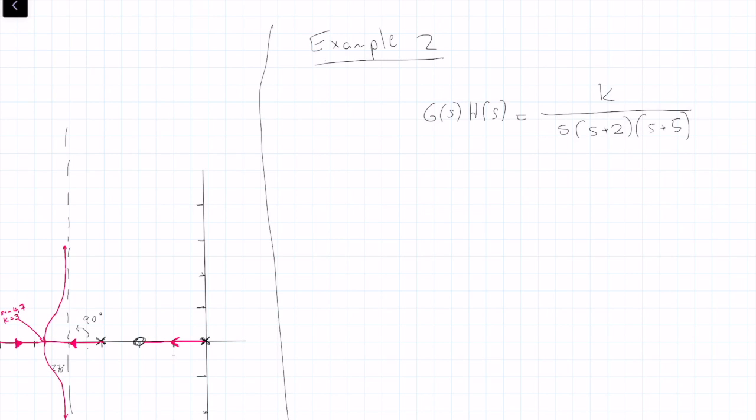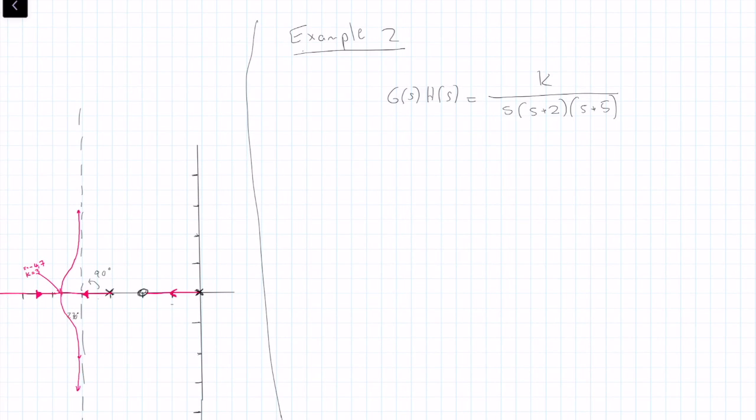As per usual, we want to get it in our standard format, which is 1 plus K times 1 over s plus 2 s plus 5 is equal to 0.